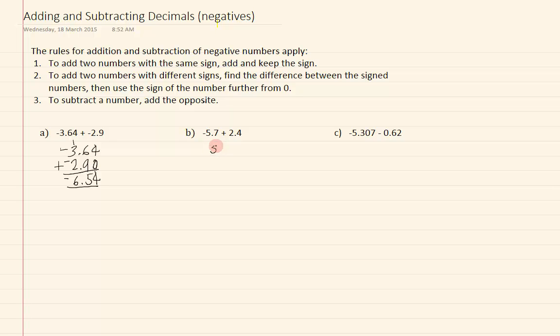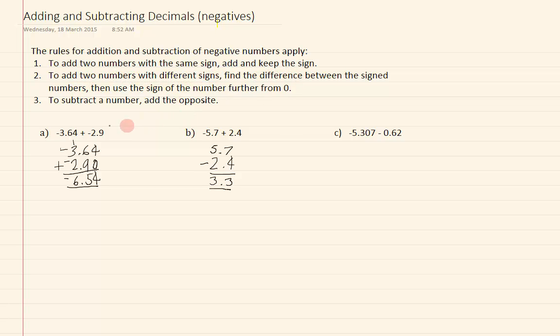So we'll do that. Quite easy. 5.7 take 2.4. Make sure our decimal points are lined up again. 3.3.